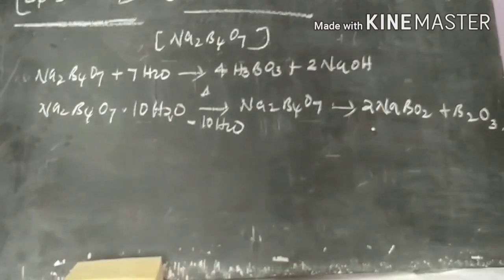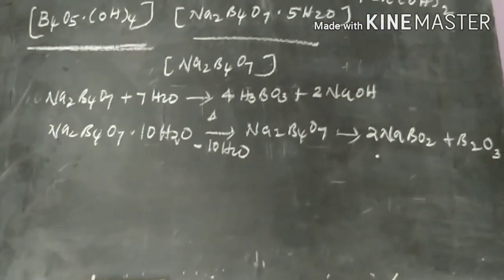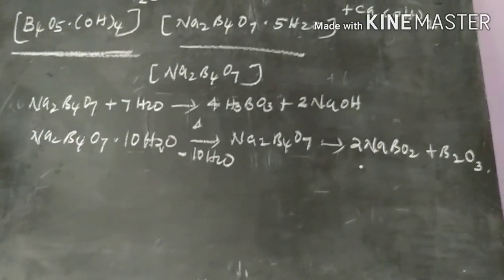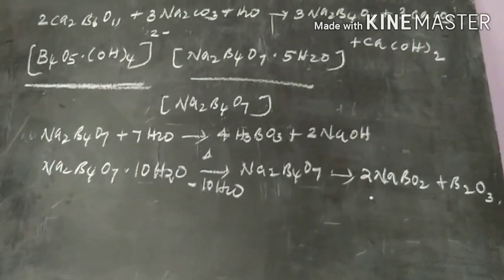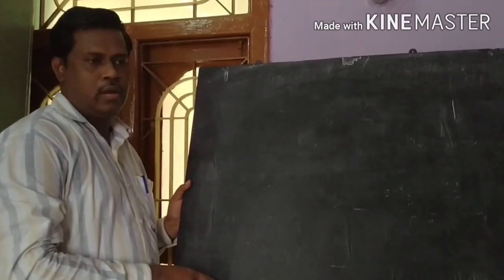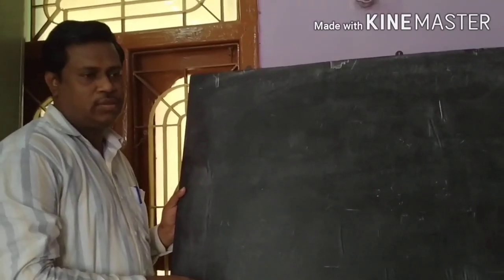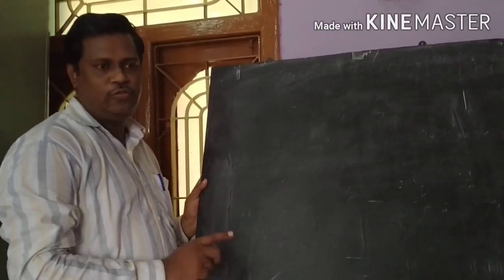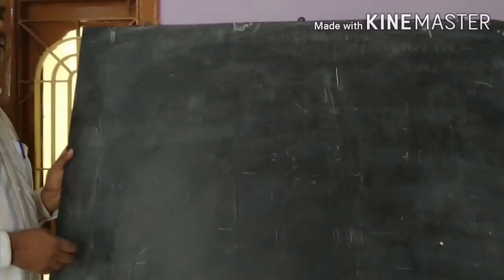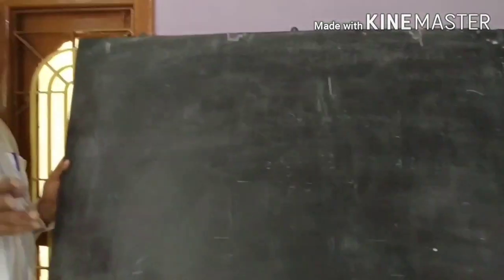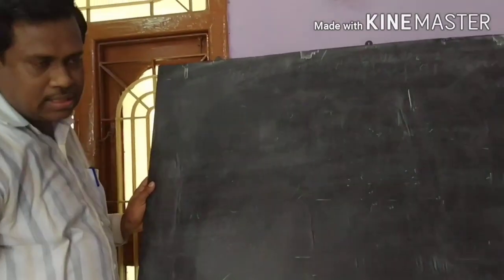The next one: borax reacts with acids to form sparingly soluble boric acid, particularly hydrochloric acid and sulfuric acid.